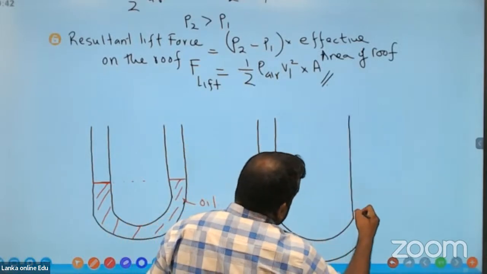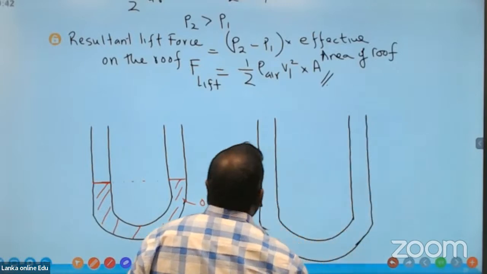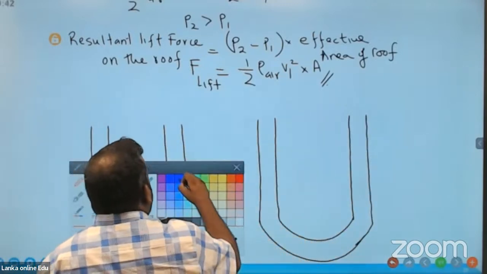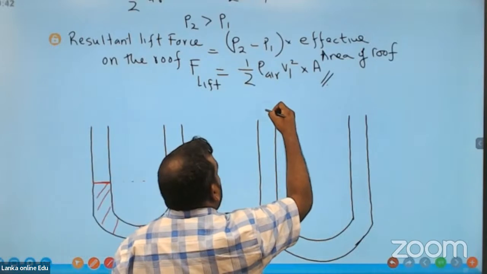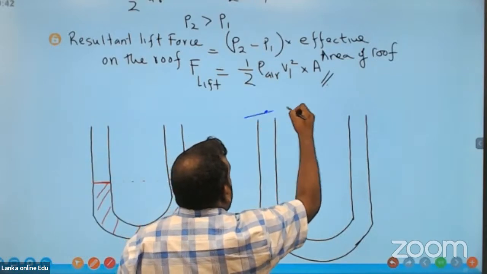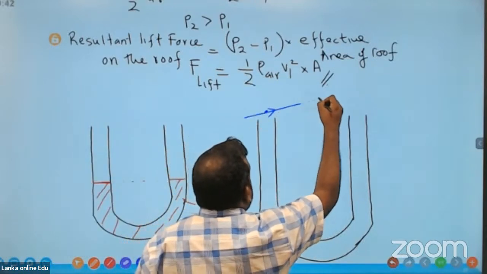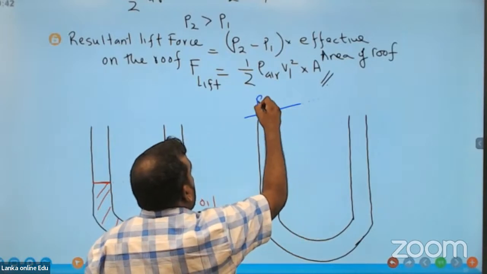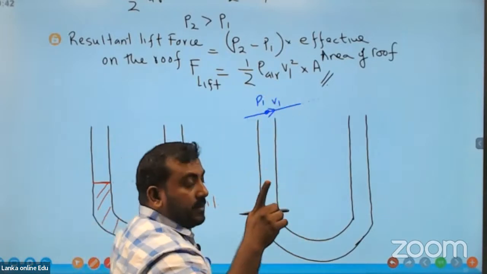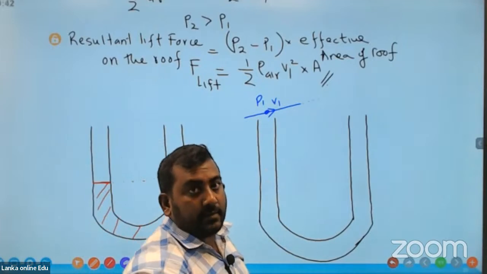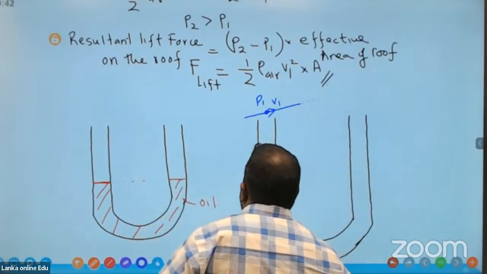Here you go. Now here there is a stream of gas going very fast. Here pressure P1, velocity V1. Now tell me, higher velocity, low pressure. Low velocity, high pressure.